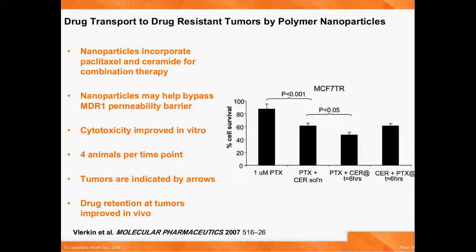MDR1 is often overexpressed on tumor cells that have been selected in standard cancer chemotherapeutics. MDR1 presents a permeability barrier to cationic lipophilic drug molecules, and unfortunately many of these normal cancer therapeutic drugs are blocked by MDR1.